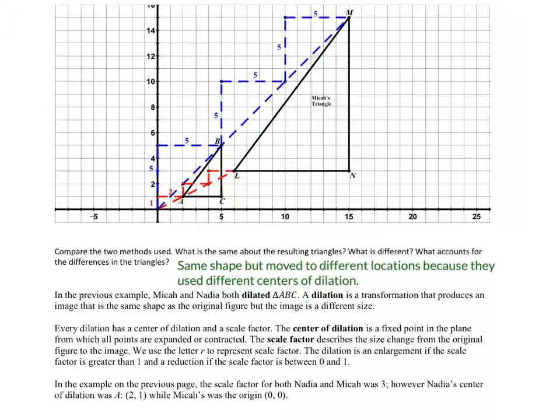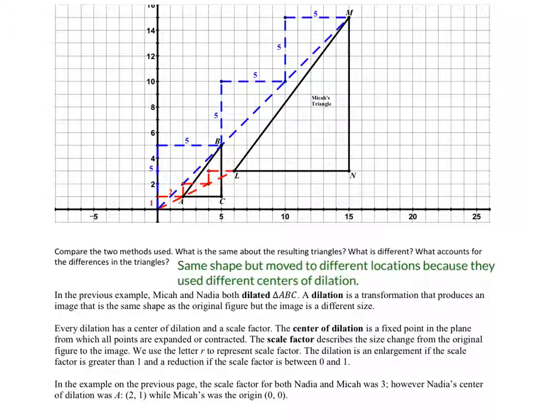Every dilation has a center of dilation and a scale factor, which we talked about in 7th grade. Scale factor is something you multiply by to get something bigger or smaller. The center of dilation is a fixed point in the plane from which all points are expanded or contracted. The scale factor describes the size change from the original figure to the image.